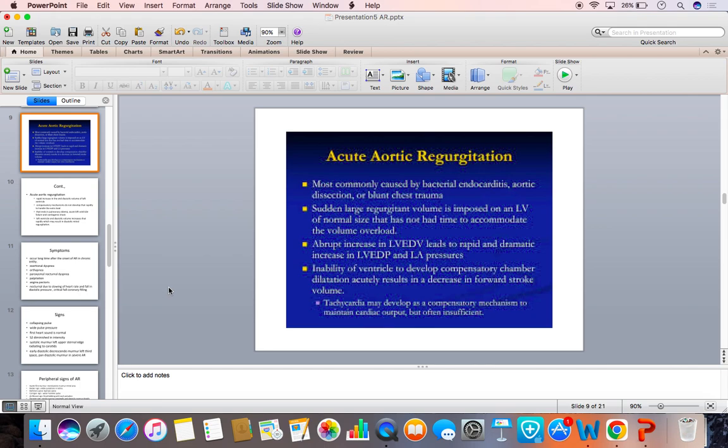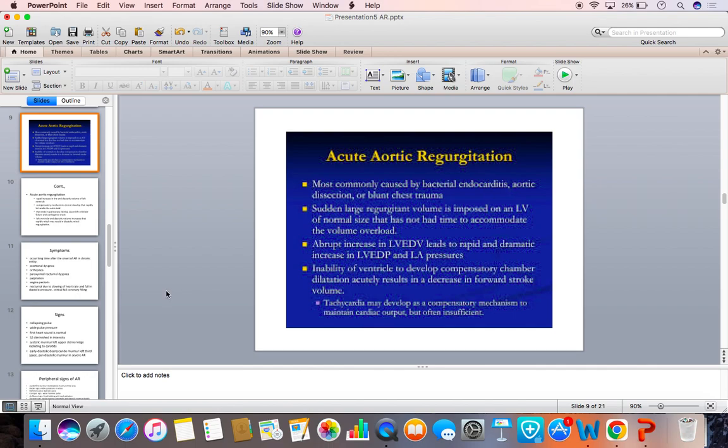Okay, that results in tachycardia as a compensatory mechanism to maintain the cardiac output, but often it is insufficient. Okay, this is a sort of medical emergency.